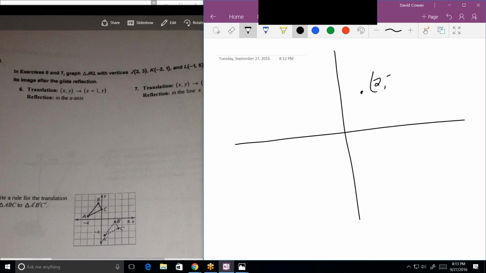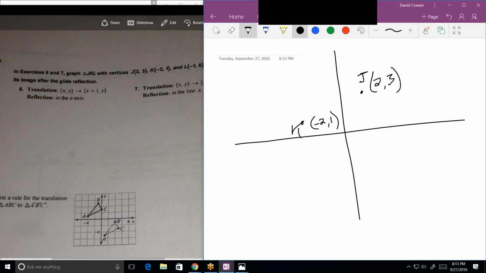It doesn't have to be super exact. That's point J. Point K is -2 comma 1, so point K would be right there.